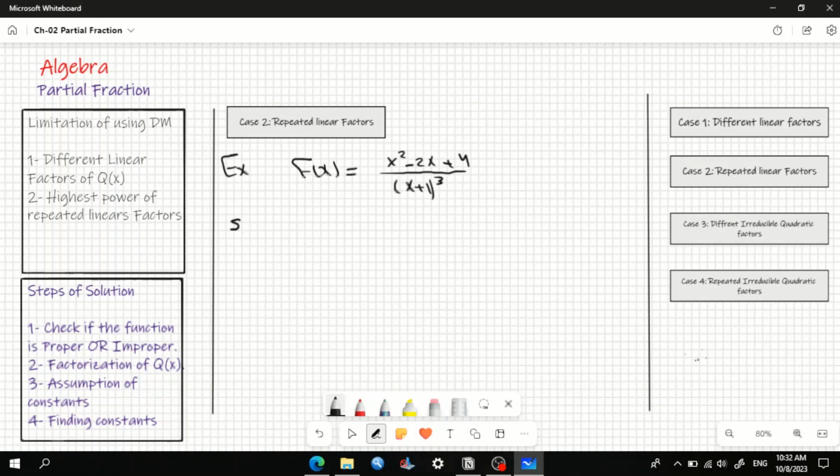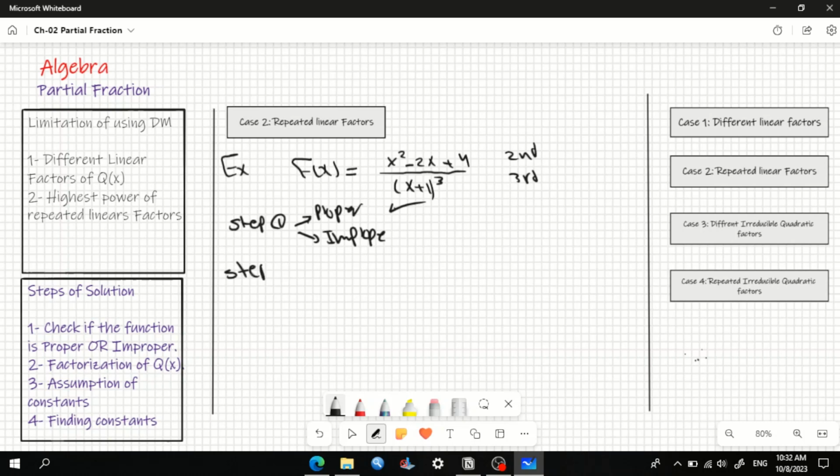Okay, so step 1 is to check if proper or improper. Here we have second degree and here we have third, so we have a proper function.